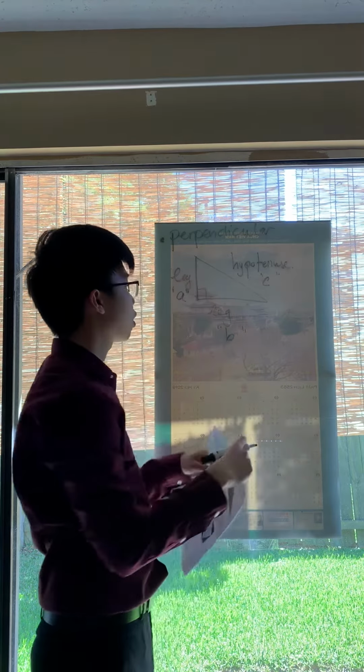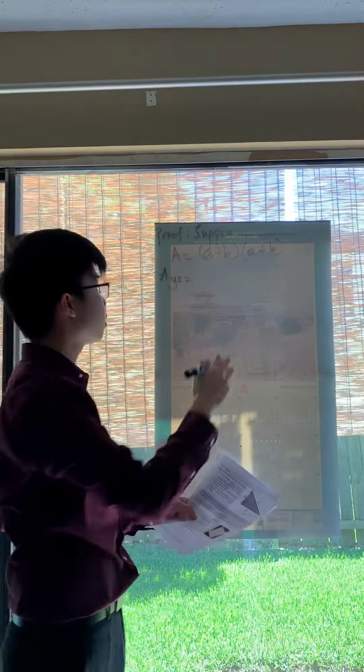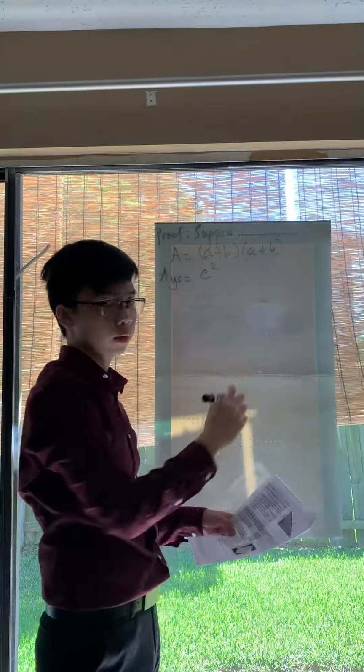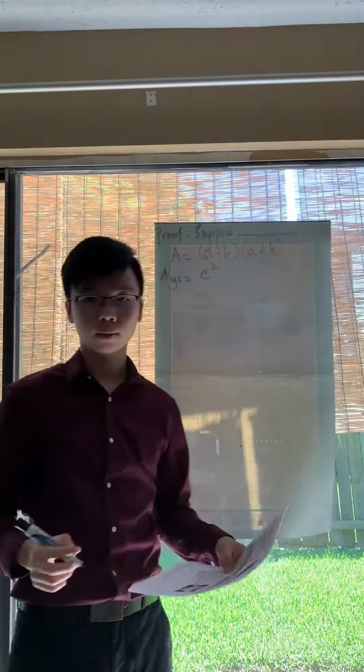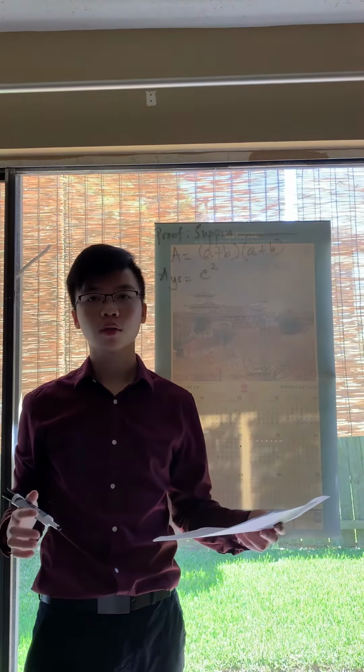Now we're going to compute the areas of the smaller shapes. Let's compute the area of the yellow square. I denote it as ys, yellow square. The side length of the square is c, so the area is just c squared. If you feel like I'm going too fast, just raise your hand and let me know and I'll slow it down a little bit.